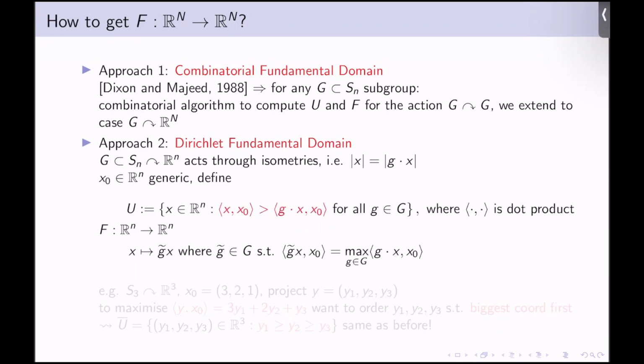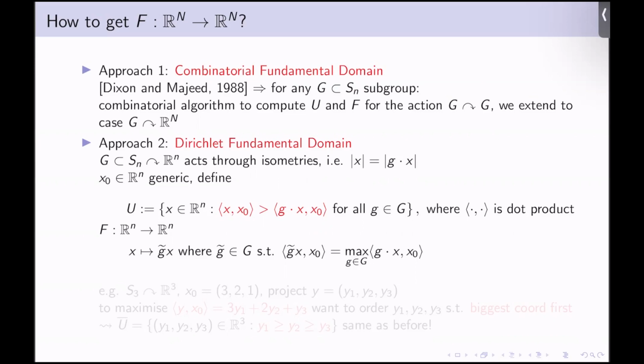Now, if you take some generic point x0 in Rn, and I won't exactly say what generic means, suffice to say, if you randomly sample a point of Rn, with probability 1 it will be generic. So don't take a silly point like 0 or something, but most points will be fine. If you have such a thing, then you can define the following objects.